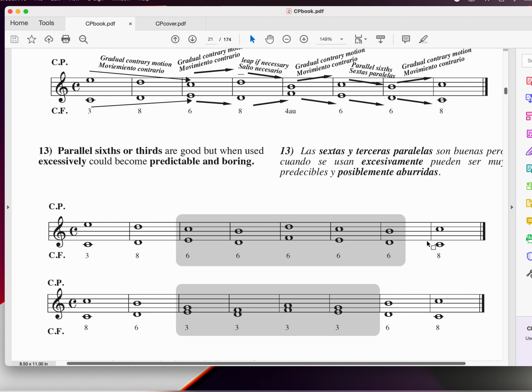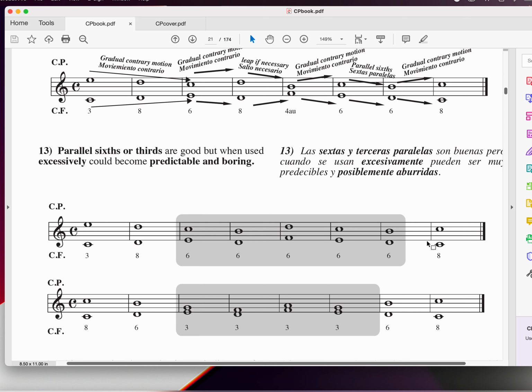Only that the counterpoint technique, it's for you to create movement, individual melodies that can go up or down in many ways. If you just use sixths and thirds, that is not going to be very creative. I mean, they all sound good.